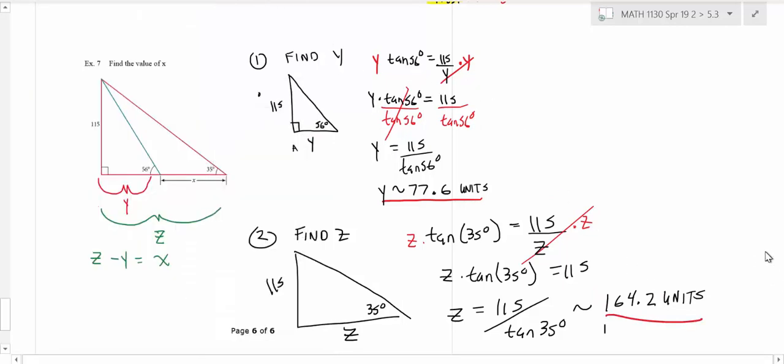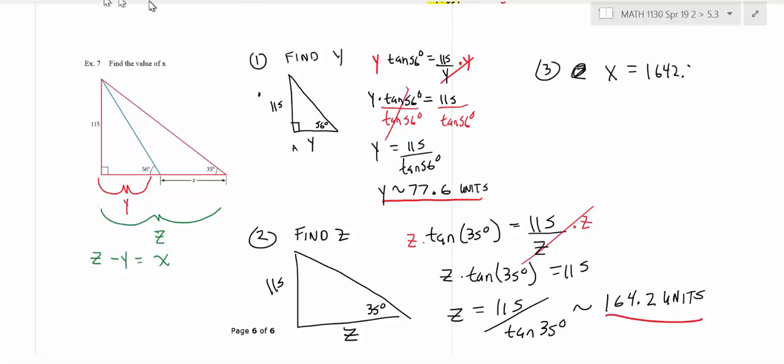The final step, step 3, is that x is just going to be the big part, the 164.2.